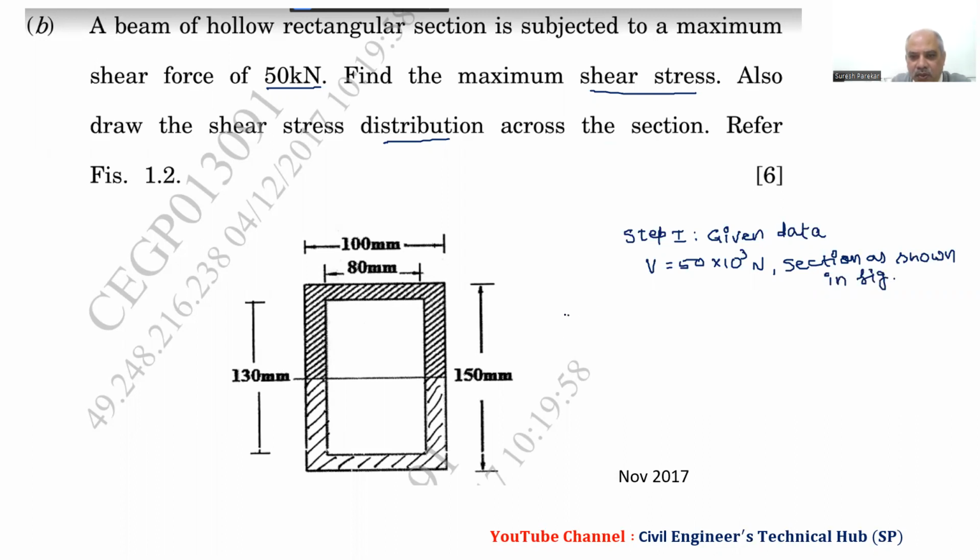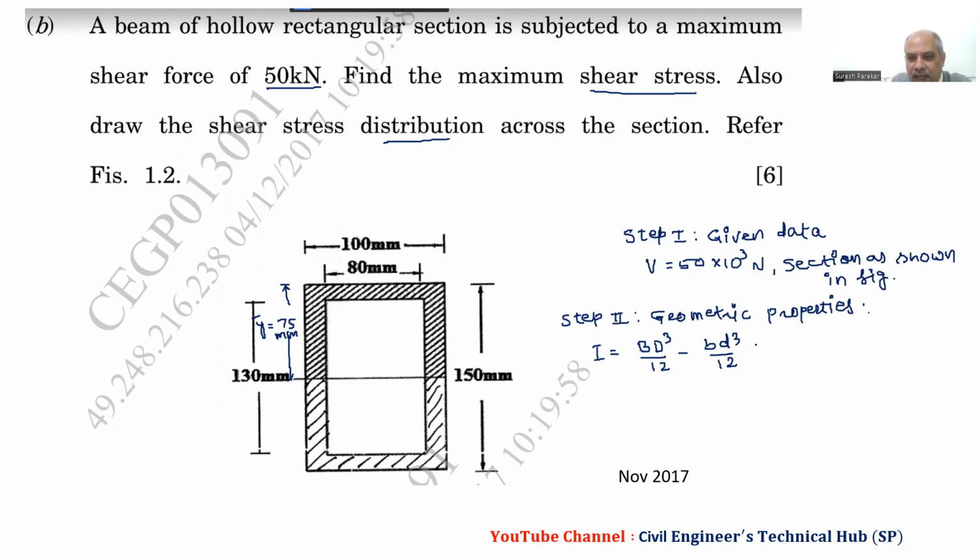Now we will go to step 2, geometric properties. So we have I is equal to BD cube by 12 minus bd cube by 12. Y bar I am not going to calculate because it is symmetrical, so Y bar is equal to 75 millimeters.